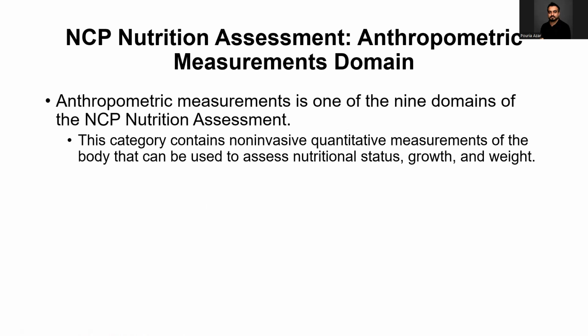So food and nutrition related history was, I would say, the first domain. And we also have client history as a first domain. There are 9 domains for nutrition assessment: client history, food and nutrition related history, and anthropometric measurements, which is one of the 9 domains.